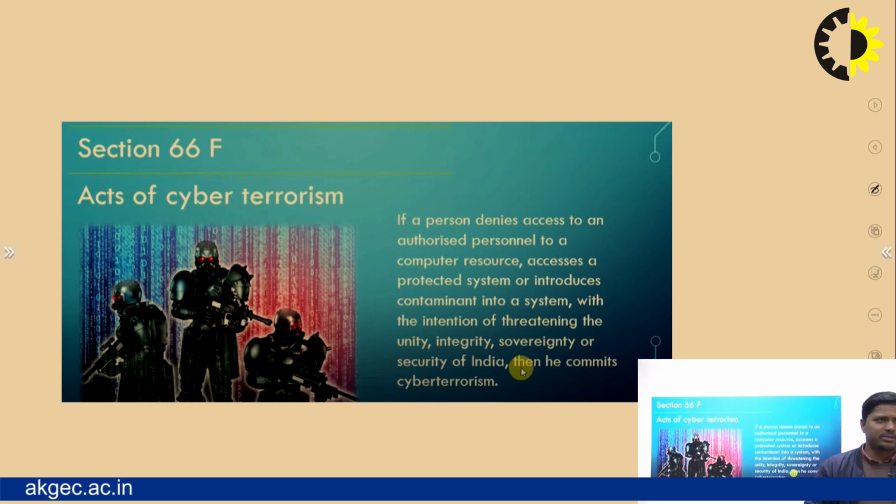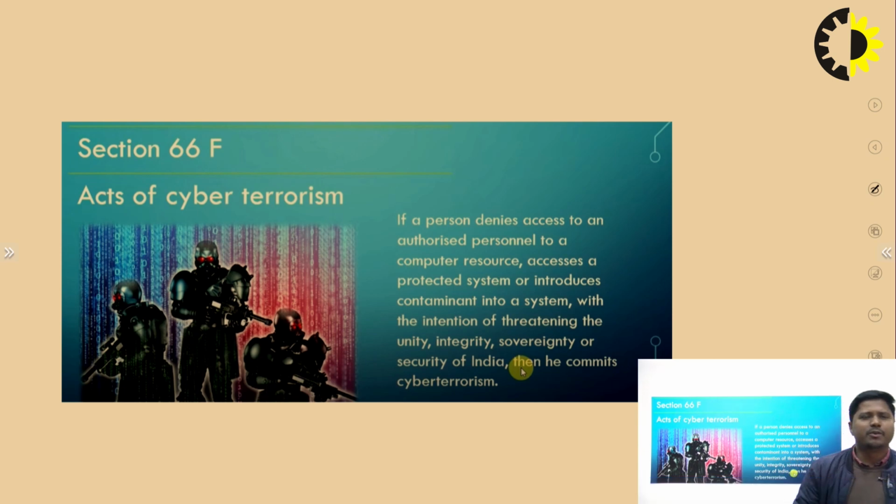Next, 66F, which covers acts of cyber terrorism, when a person denies access to any authorized personnel to a computer resource, accesses a protected system, or introduces contaminant into a system with the intention of threatening. Just like if any person wants to spread riots, this type of activity is involved in cyber terrorism.